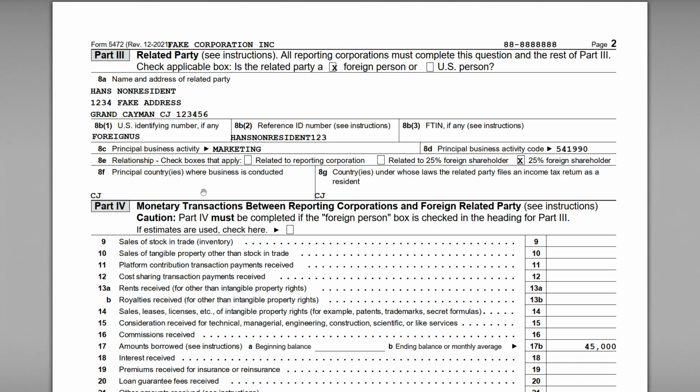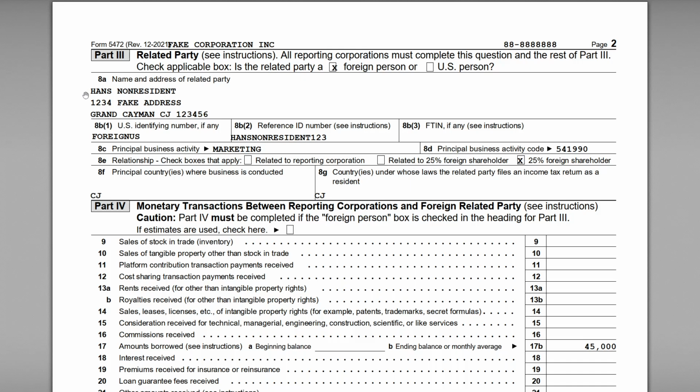Now, Part 3 covers related party information. So related parties to the reporting corporation can be the shareholder itself, right? And so that's our case here. We've checked 25% foreign shareholder. The related party also could be an individual or a company that's related to the shareholder, right?